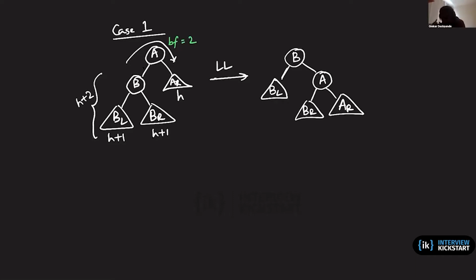Those nodes are the ones that contain the successors of B, so we move them down in the left subtree of A. In terms of Inorder Traversal, it's BL followed by B, followed by BR, followed by A, followed by AR in both diagrams.